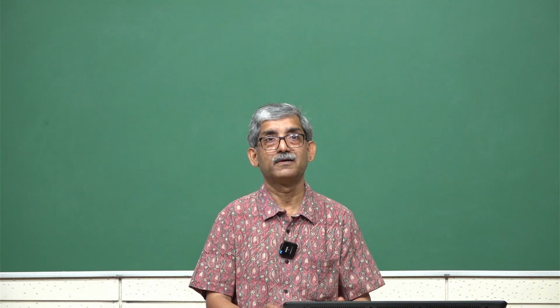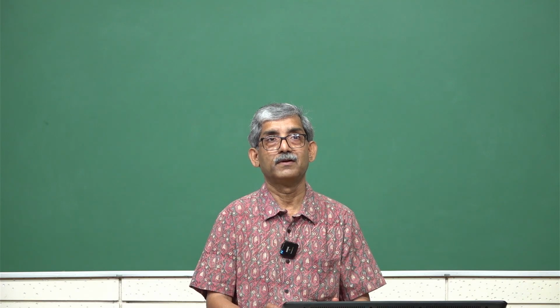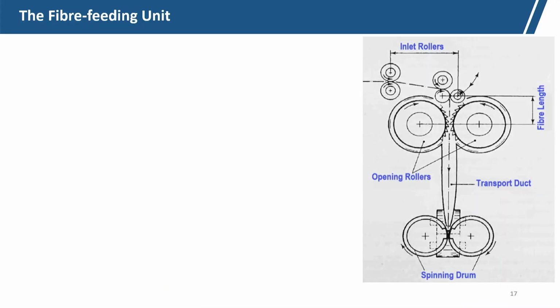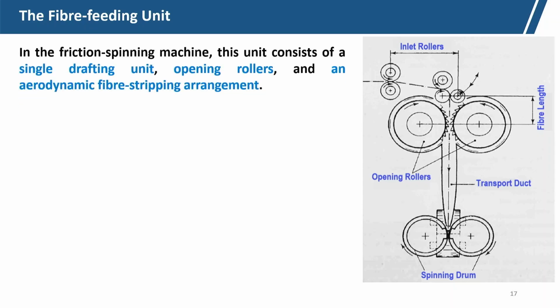Now, coming to the technical descriptions, we will discuss the different zones. First is the fiber feed zone, where fibers coming from the sliver are opened. Now, we can see in the friction spinning machine, this unit consists of a single drafting unit.